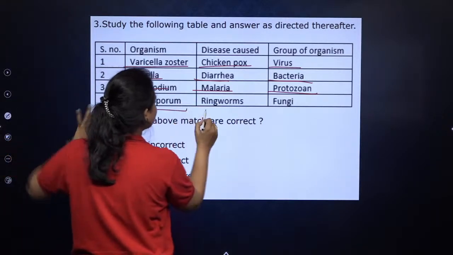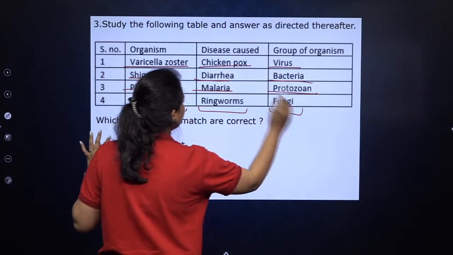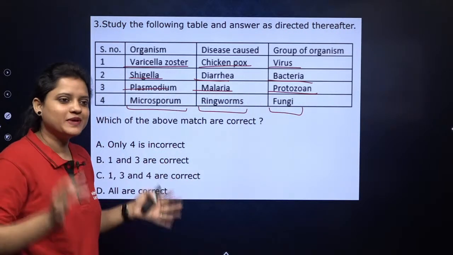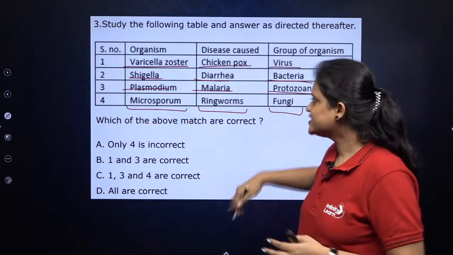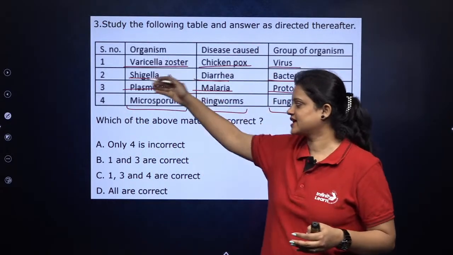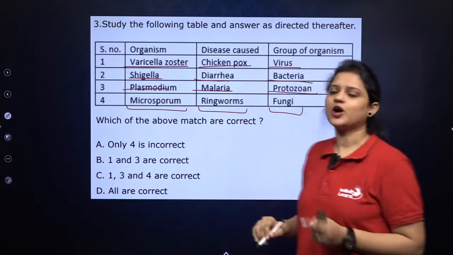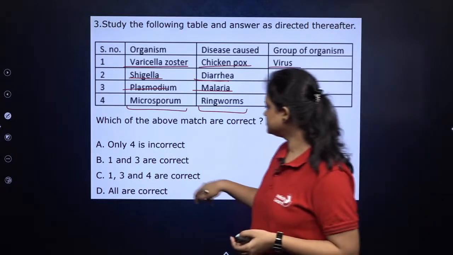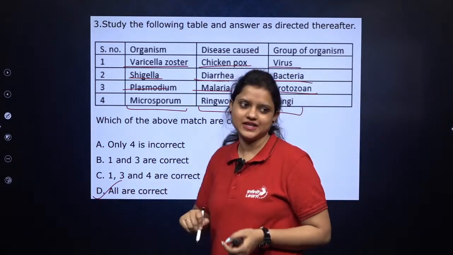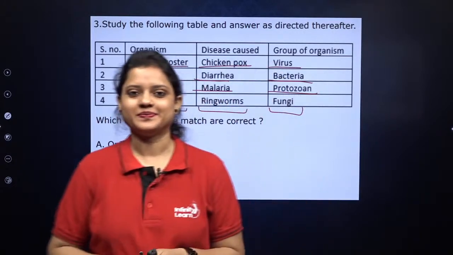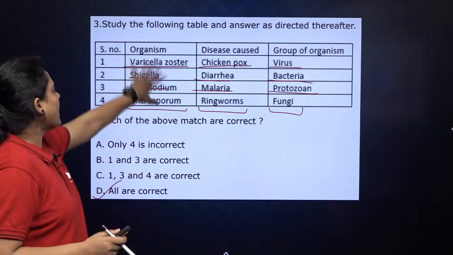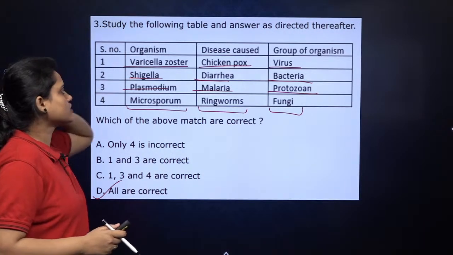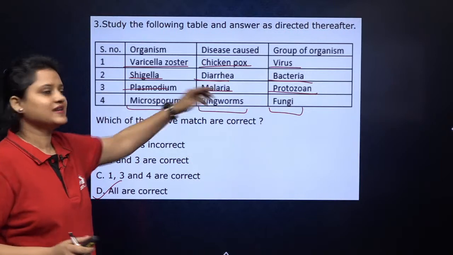Microsporum, ringworm, causes fungi. Yes. So basically in this question, each and every statement is correct. First, second, third and fourth. So the correct option here will be 1. All are correct. It should be D. Very good. Status and Pujita. Very nice. Yes. So correct option is all are correct. Right? Varicella zoster will cause chicken pox. It is a virus.